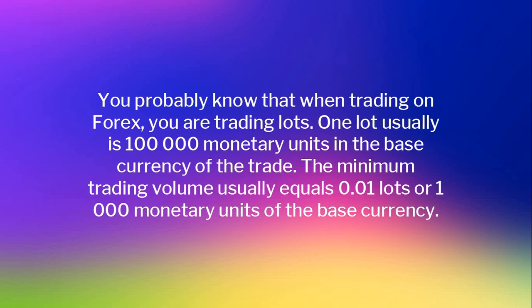So one lot usually equals 100,000 units in the base currency of the trade. The minimum trading volume usually equals 0.01 lots, or we can say 1,000 units of the base currency.